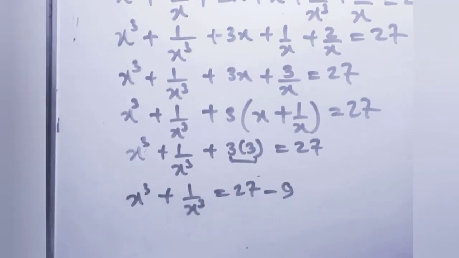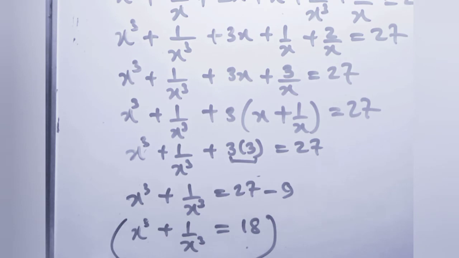So, what are we going to do next? We are going to say x raised to power 3 plus 1 over x raised to power 3 equals 18. All right, now from this level, we are going to square both sides, since what we want to achieve is x raised to power 6 plus 1 over x raised to power 6. How can we achieve that?